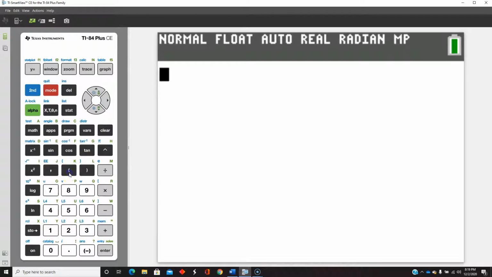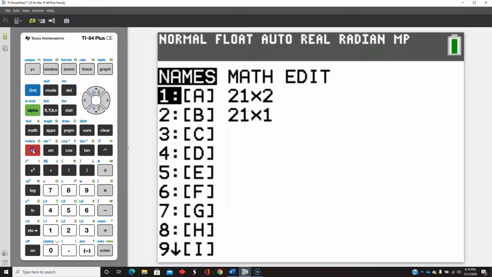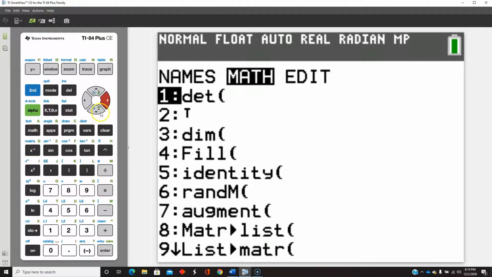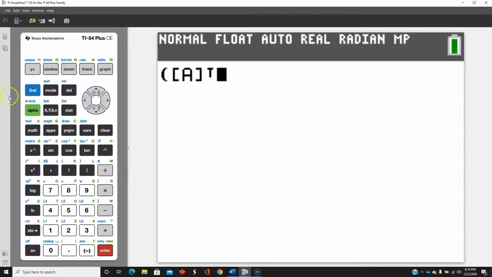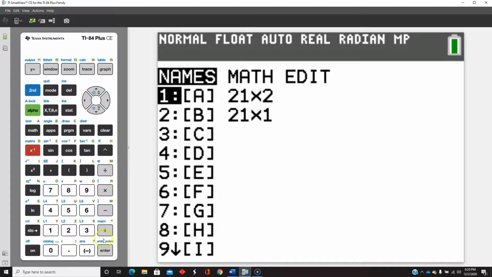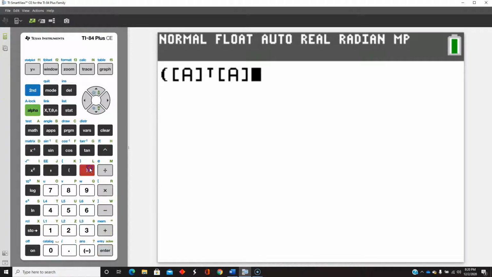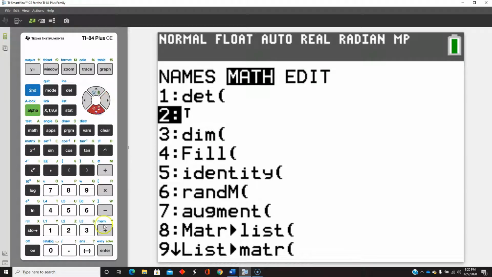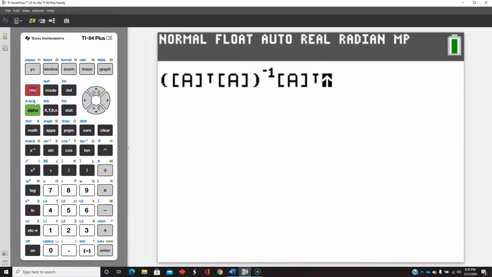That's going to be parentheses, matrix A, transpose, second matrix math, item 2, A transpose A, close parentheses inverse, A transpose B. B is where the y values are.